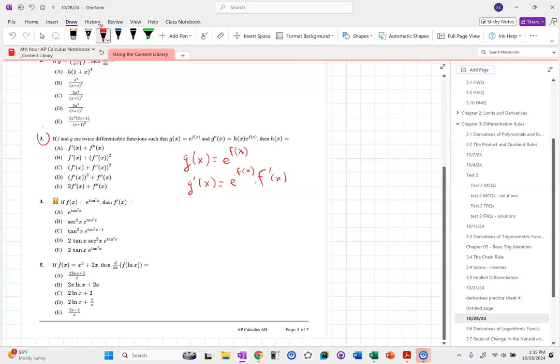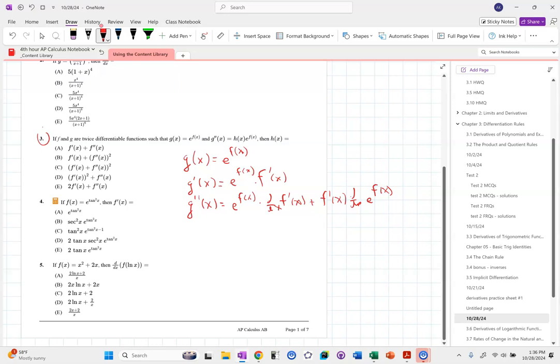Everybody feel good so far? Okay. So now I'll take the second derivative. To take the derivative of e to the f of x times f prime of x, I need to use a product rule. So I have the first function times the derivative of the second function plus the second function times the derivative of the first function.